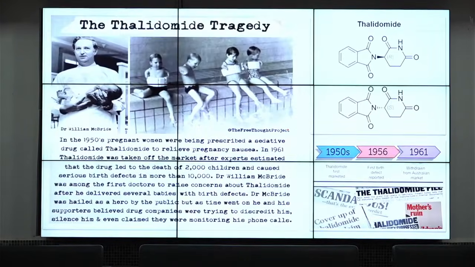This is the tragedy that happened. Thalidomide was initially prescribed by doctors and given by medicinal chemists for nausea, like morning sickness. But at the same time, there were deaths of children: newborn babies who were about to be born were dying because of the other enantiomer of the same drug.